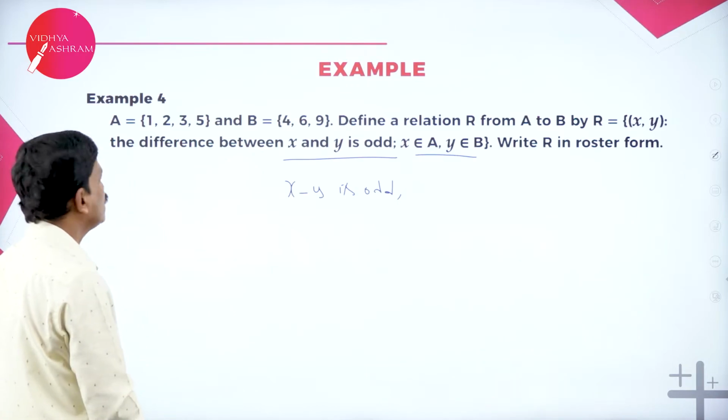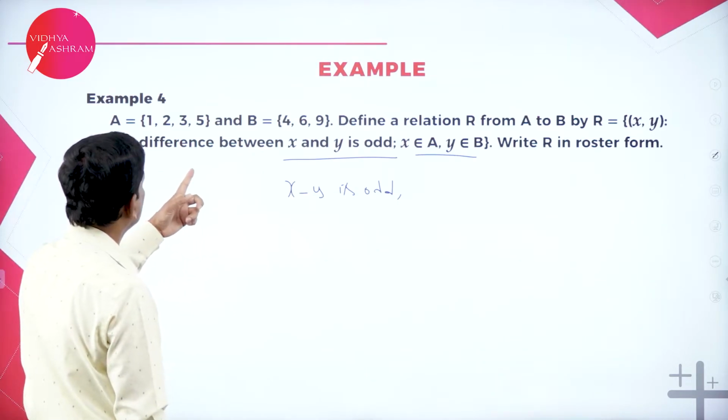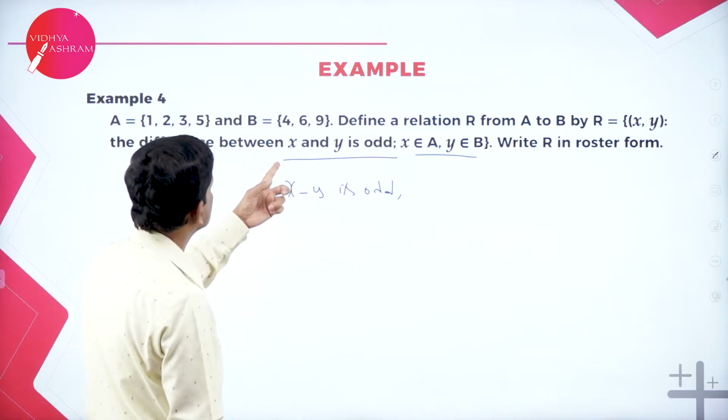So what is the condition given here? A is 1, 2, 3, 5 and B is 4, 6, 9.